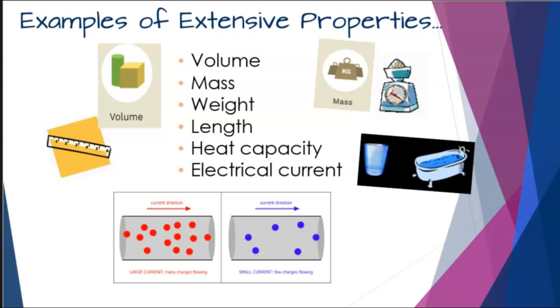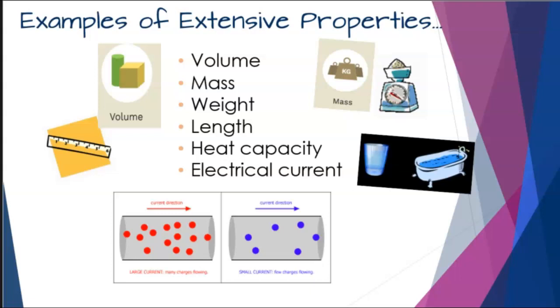If you have fewer electrons moving, you have a smaller electrical current. So you have to understand it matters how much is there. The bathtub and the glass of water deals with this thing called heat capacity. And again, we're going to have that conversation in a little while. But these are all things that say if there's more of it, it matters.